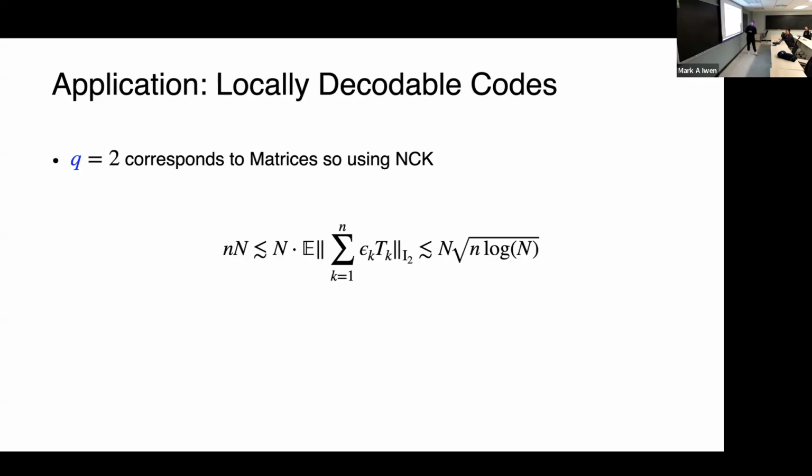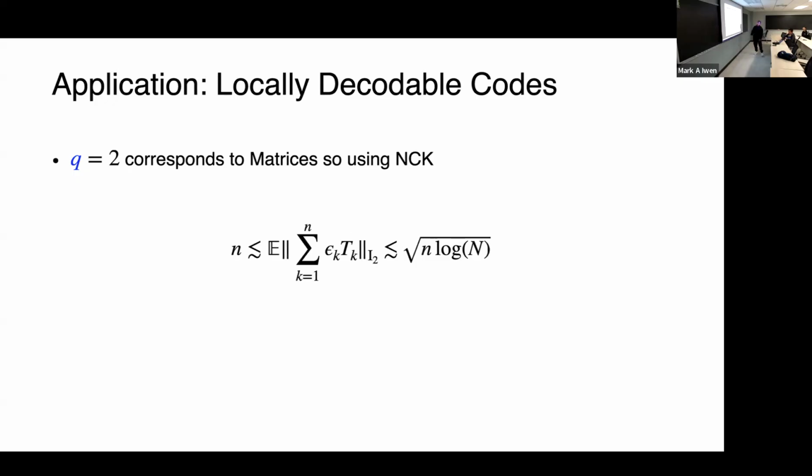So you can upper and lower bound these like this, and then when I simplify and remove the capital N, I get this lower bound. It's a really nice proof. You use the non-commutative Khintchine inequality to prove the lower bound. I think the earlier proofs were using some sort of quantum argument.